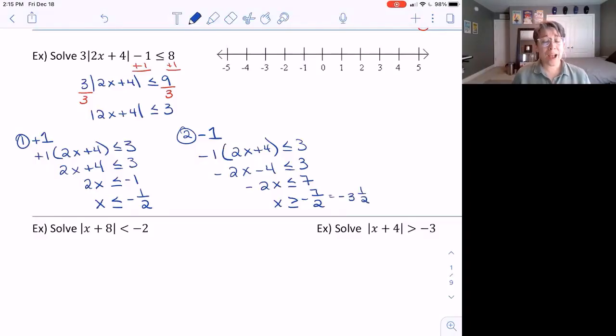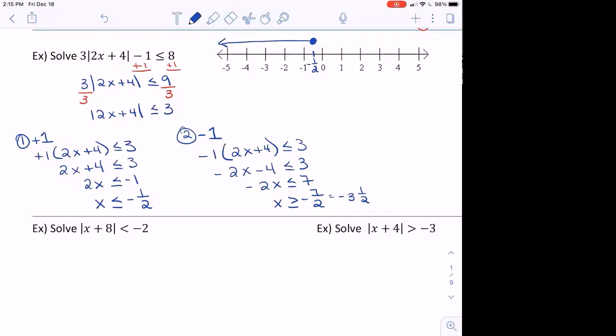And now we can graph the solutions on the number line so we can determine where our interval or intervals lie. So our first one was that x is less than or equal to a negative 1/2. So here is a negative 1/2, less than or equal to, moves it to the left here.